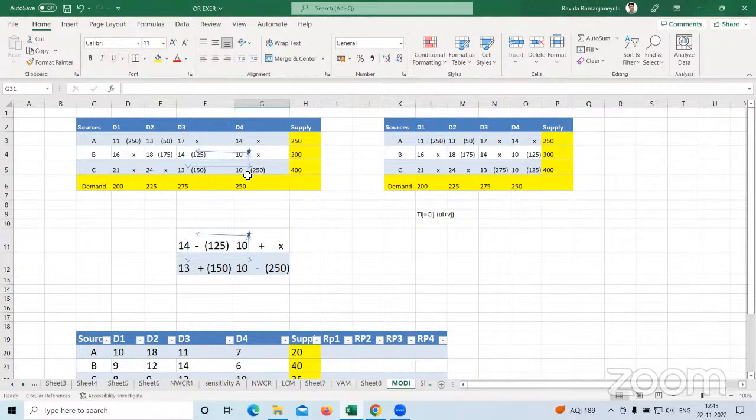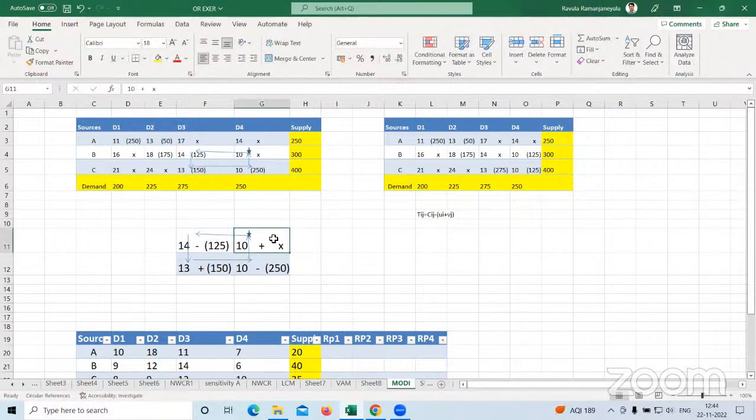So from here to here occupied, here to here, then here to here, we need to make a loop. This loop expresses that from one place to another place, the occupied cells' units have to be allocated. So which is to be occupied and which is to be unoccupied.